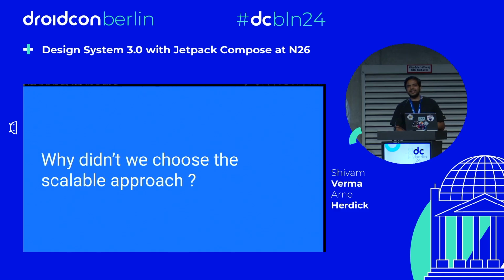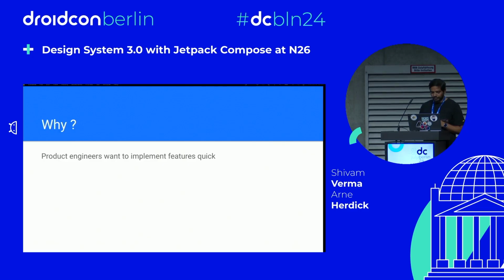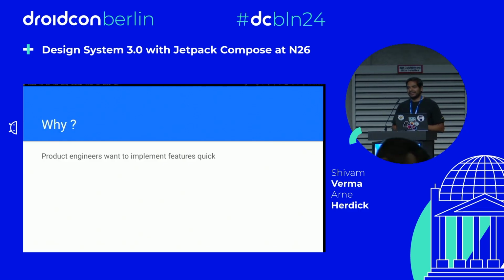So let's think a little bit about why we chose this not scalable approach, and why we didn't go with the scalable approach. If you ask our engineers, I'm sure everybody will agree that the good approach would have been replacing the type with the entity. The first reason I can think of is that product engineers want to implement features quick, right?